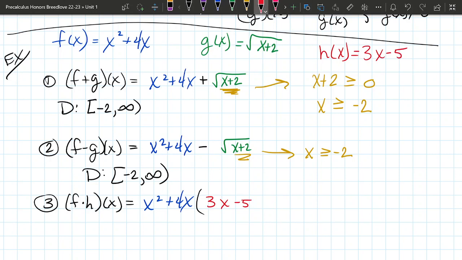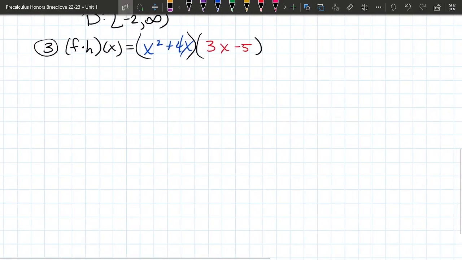So putting both of these sets in parentheses, because it's the f function times the h function. So we're going to FOIL it or double distribute, whichever way you like to say that. They mean the same thing. And I'm assuming you guys know how to do that. So I'm just going to go through it.